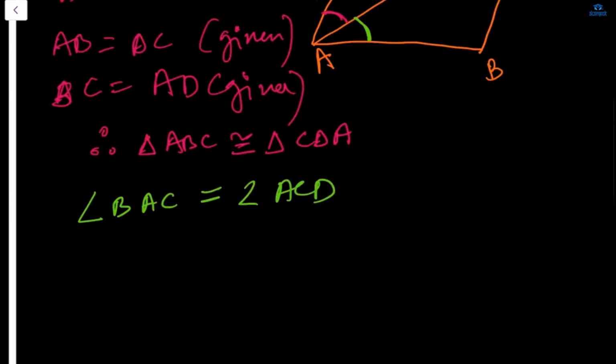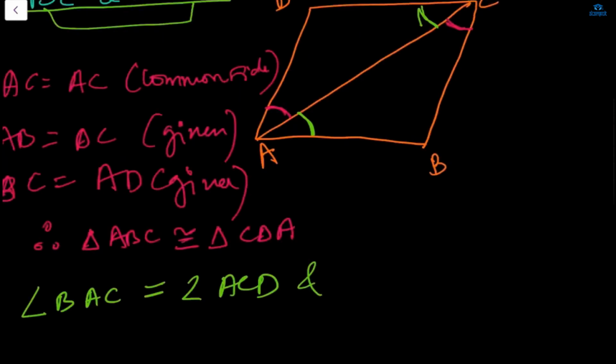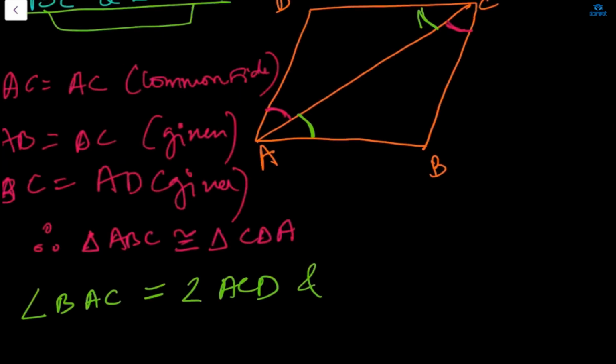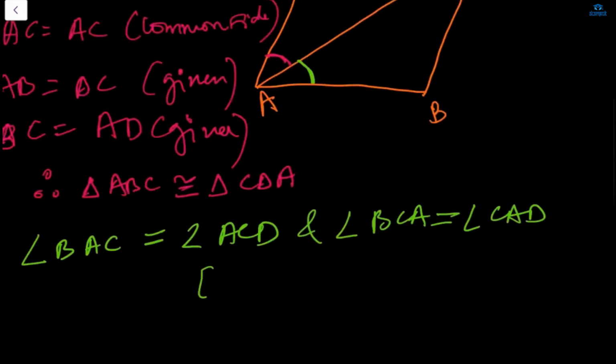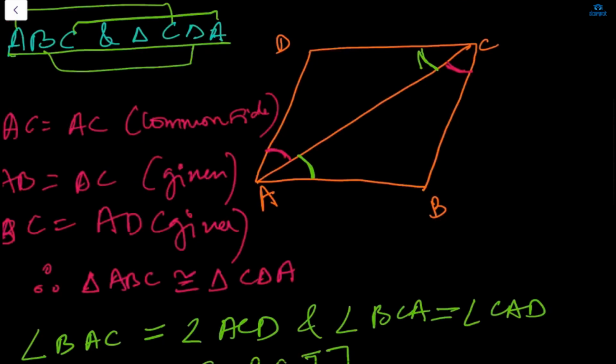And which other two angles? BAC, clear? BCA, I'm writing BCA is equal to angle CAD. Now from what? CPCT. Any doubt here? So from CPCT, since the two triangles are congruent, this angle is equal to this and this angle is equal to this.